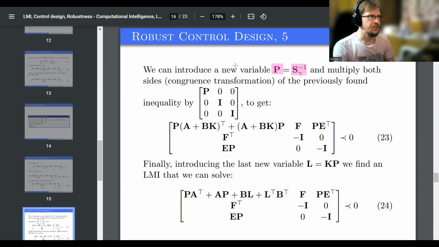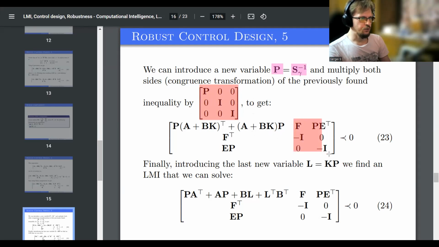And we multiply on both sides by this huge matrix, P I I. It is symmetric, so P I I transposed is equal to P I I. And why is this I I part? Because these blocks don't need to be multiplied, and these need to be multiplied only on one side. So that's why I I.